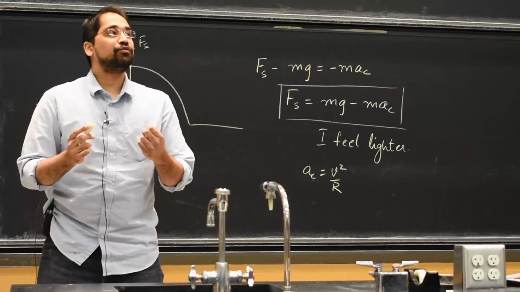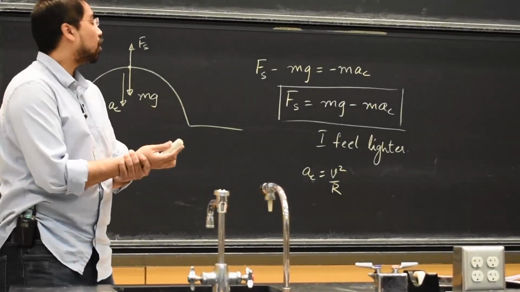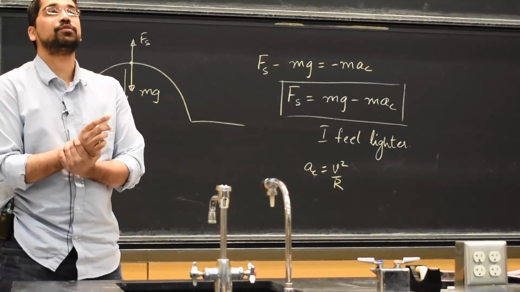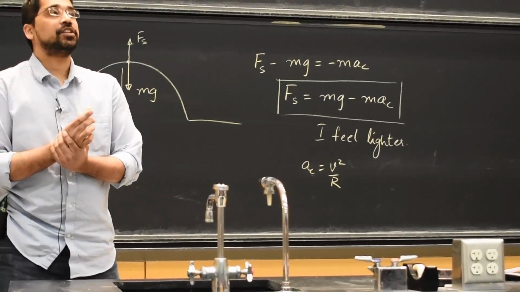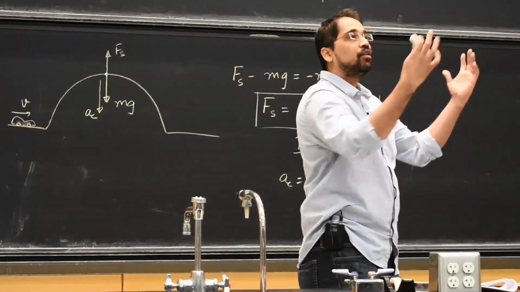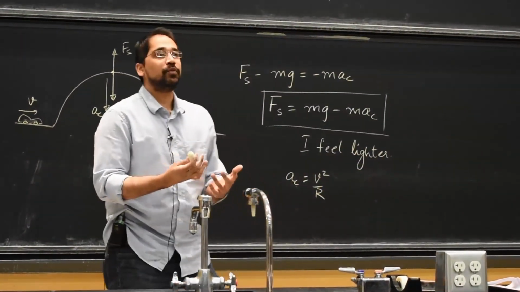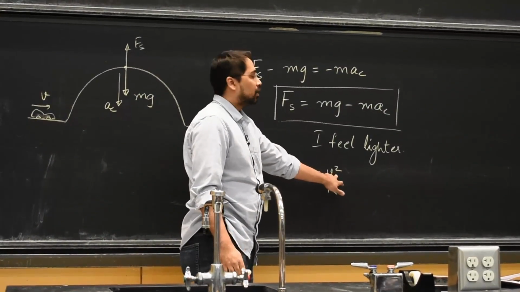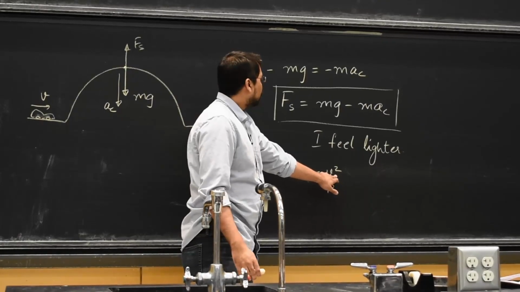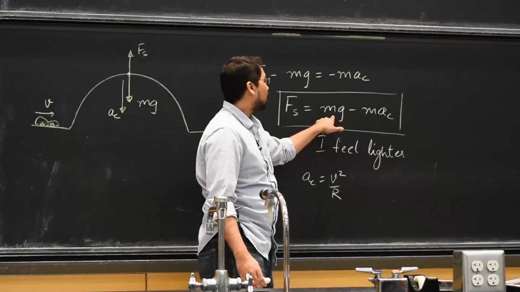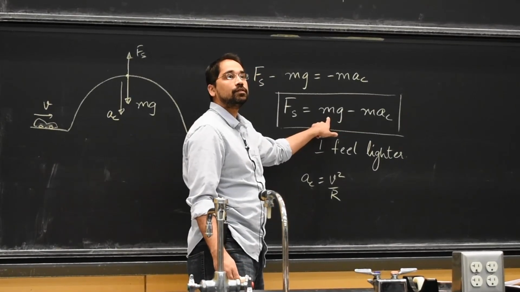So if I'm going too fast, what danger do I face? What kind of danger can I possibly be in? Yes. I could just go flying off the hill, right? If I'm going too fast. Why is that happening? Because if v is too large, it is possible that mac becomes at least as large as mg, right?